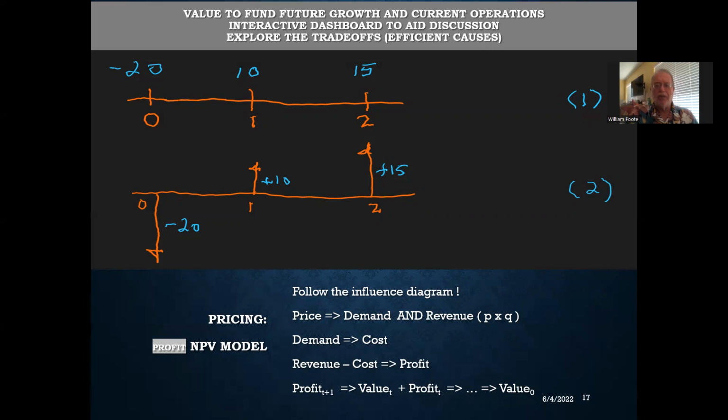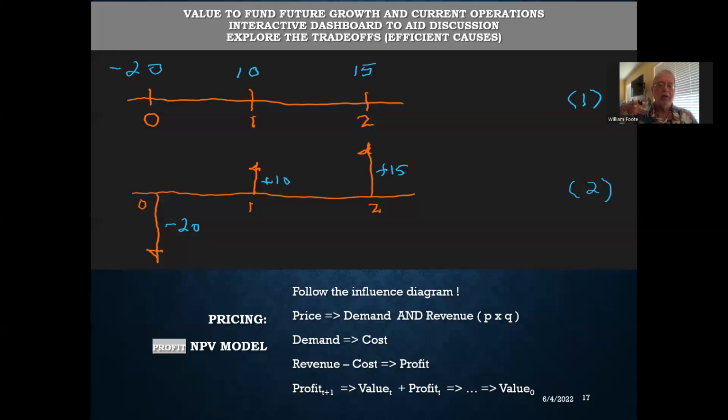Suppose we have today is 0, year 1, year 2, and suppose that we take out of our piggy bank $20, 21, 20 pounds, whatever it is, 20 of something. And we have forecasting. This is definitely a forecast because it's now a future. 10 and 15 in the future. 35 if you were to add them up raw.